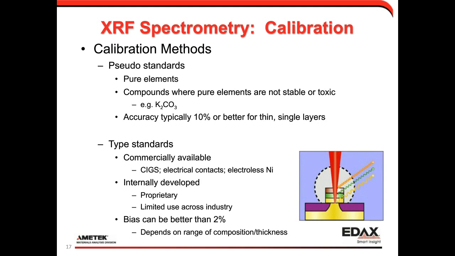So you should make it by the same processes that you're making your production material. In a case like this where you have type standards, your bias, your error can be better than 2%. It depends on the composition and thickness range that you're trying to cover. If you want better accuracy, you can always build models over smaller thickness ranges.